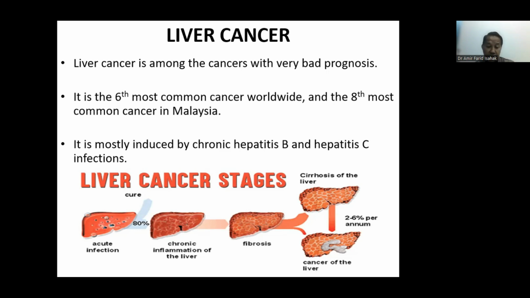And then most, especially hepatitis B, will recover, but some will then proceed to become chronic and then progress to fibrosis, and then severe fibrosis will lead to cirrhosis. And once it's cirrhotic, 2 to 6% of cirrhotic livers become cancerous per year.